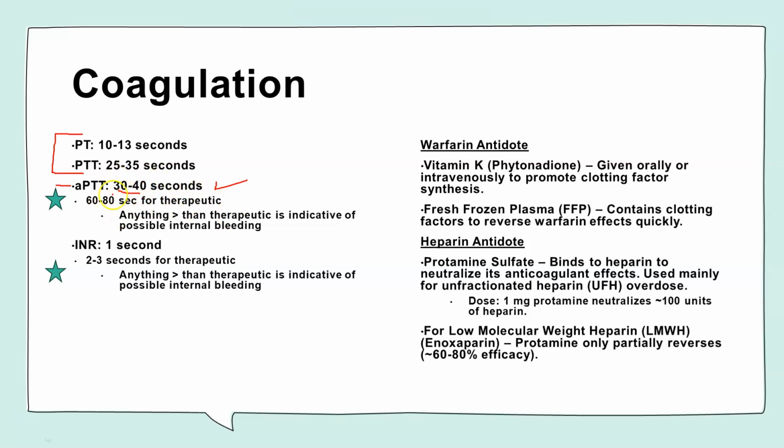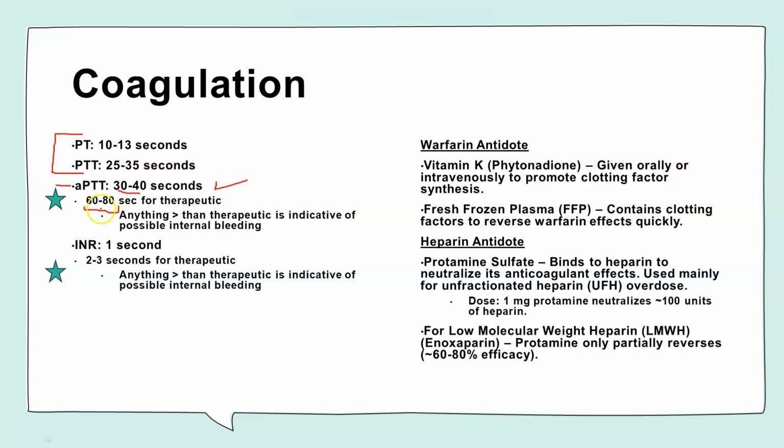For somebody who's on heparin, either DVT, PE, whatever it may be, we want to see them be more therapeutic. So we're looking at a number that is basically 1.5 to 2.5 times normal. It doesn't really matter which way you remember it for both.